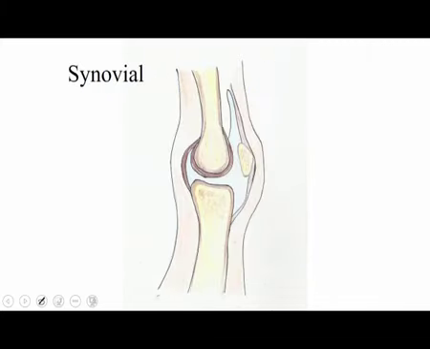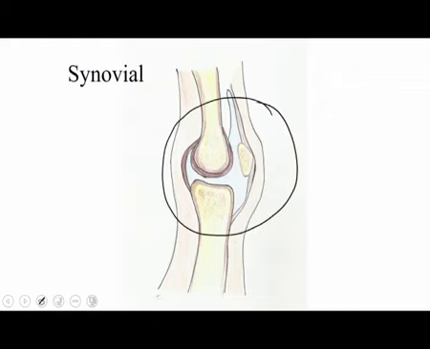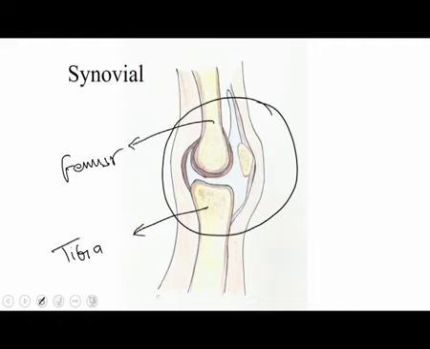Next you have the large group of joints, and that is called the synovial joint. What I am depicting here is the region which we have just discussed in our limb region. This one is your femur, this is the tibia, and then you have this bone called the patella.